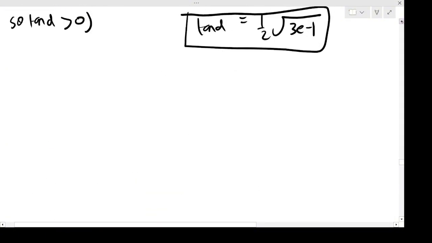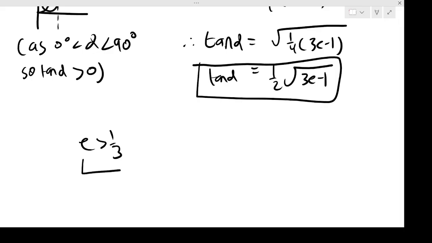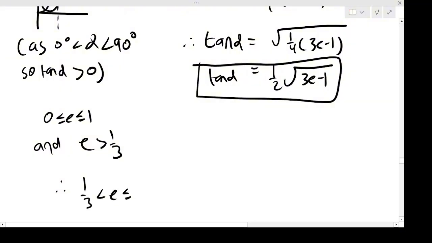Right, so I've got this equation for tan alpha, but I also know that e is greater than 1/3, okay? But of course, that's not the full complete range of values of e, because if you remember, e is also always between 0 and 1. So actually, we can be more specific and say, well, e is greater than 1/3, but then e is also less than or equal to 1. So e is sandwiched between 1/3 and 1 like that.